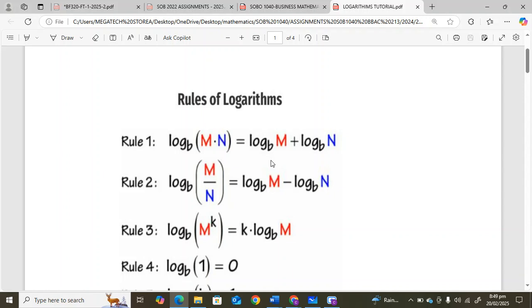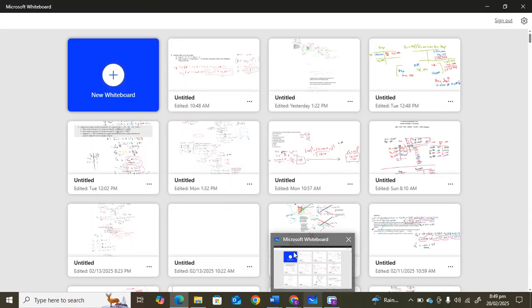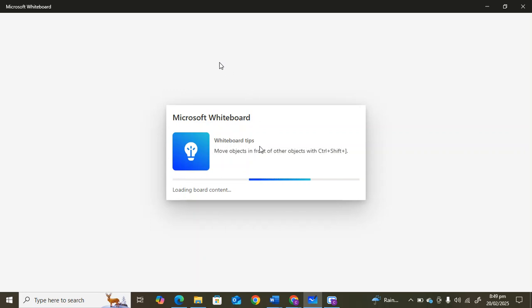Yes, this power rule. So we're going to rewrite this one like this. I'll bring the power rule onto the board, then I'll show you how we did it.